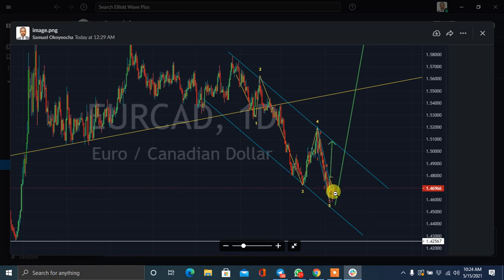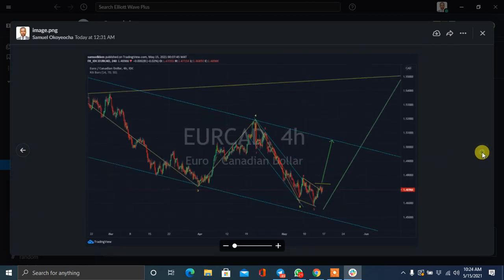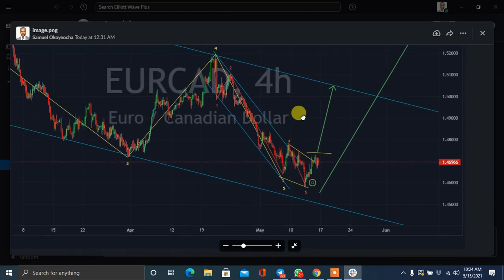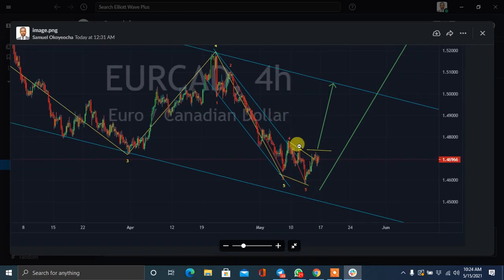Now, will it come deeper before it goes up or not? Let's check the lower time frame. You can see that we have two options here. One, this wave 5 is over. Two, we must still get a drop again.